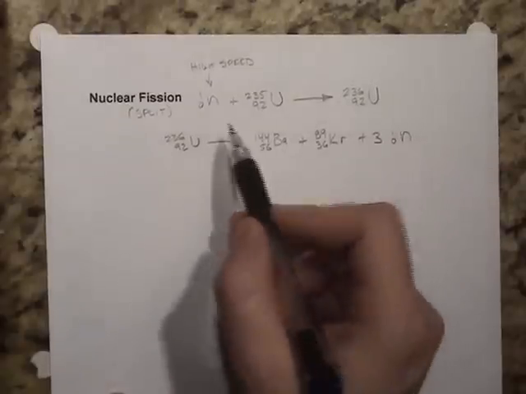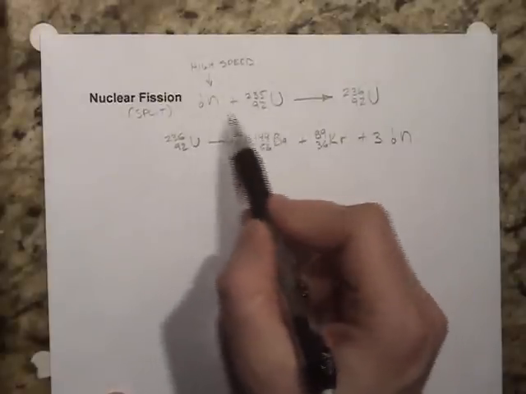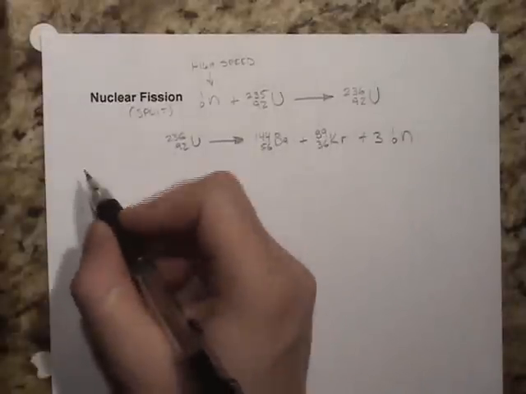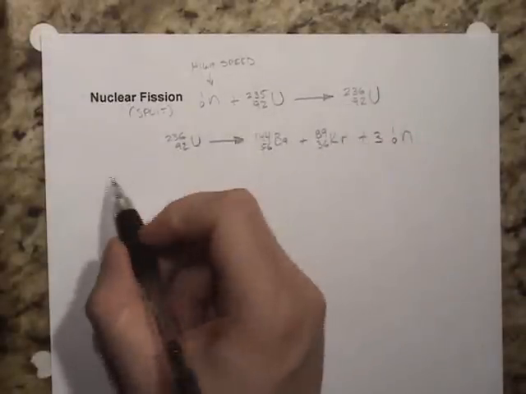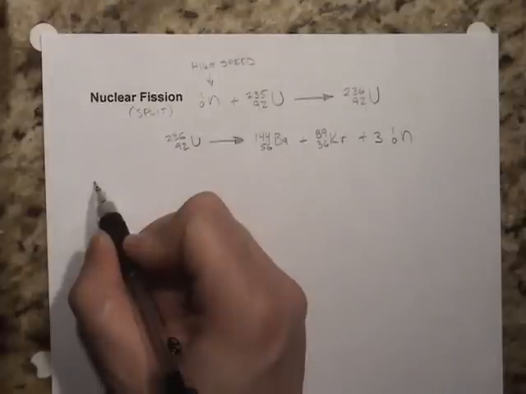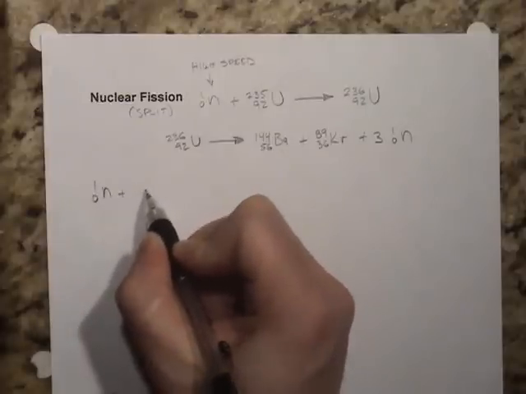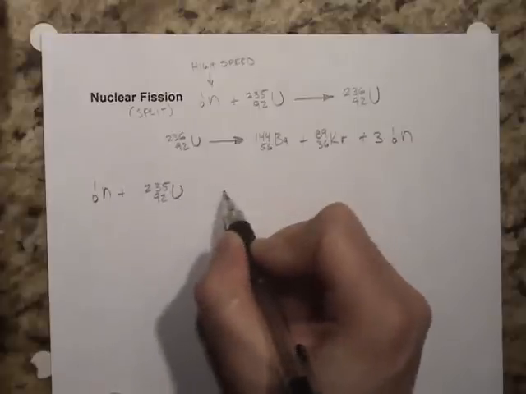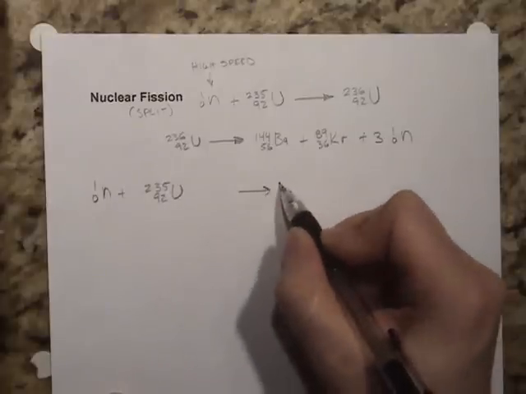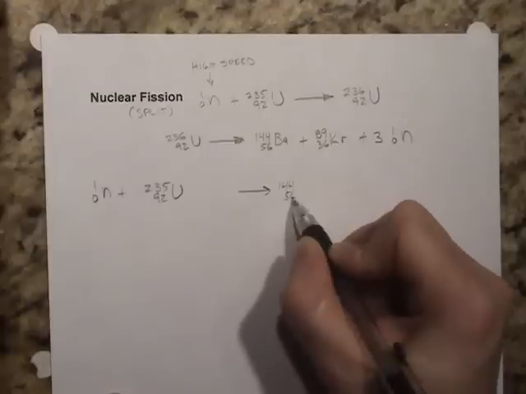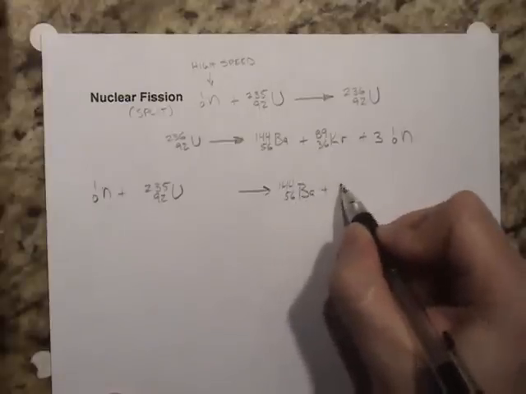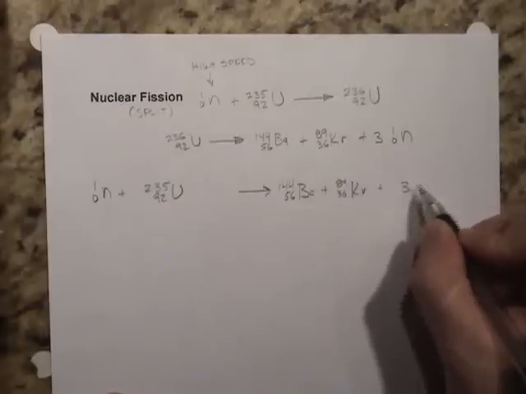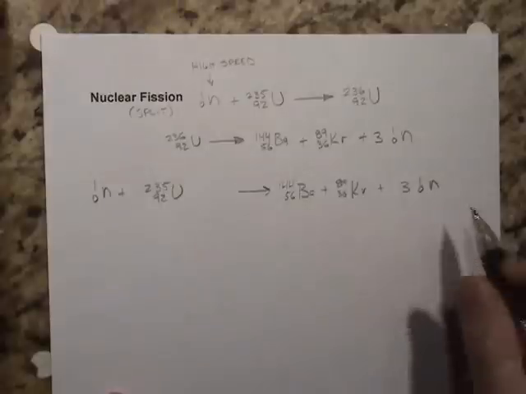So what we're ultimately doing is going from the 1 neutron plus the uranium-235 to produce barium, krypton, and the 3 neutrons. So let's rewrite the reaction, and we're going to skip the 236 portion. That is 1 neutron plus uranium-235 (atomic number 92), which is going to go on to produce barium-144 (atomic number 56) plus krypton-89 (atomic number 36), and of course plus our 3 neutrons.